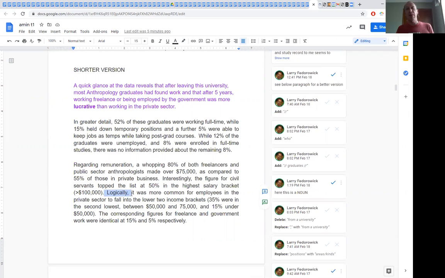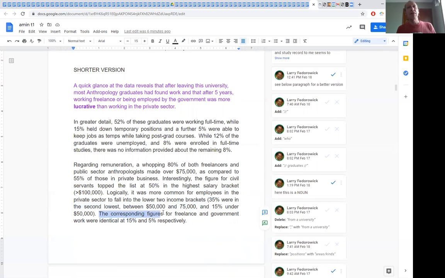logically, because if something's high, the other thing will be low when you're looking at percentages, right? It was more common for employees in the private sector to fall into the lower two income brackets. 35% were in the second lowest, between $50,000 and $75,000, and 15% under 50,000.